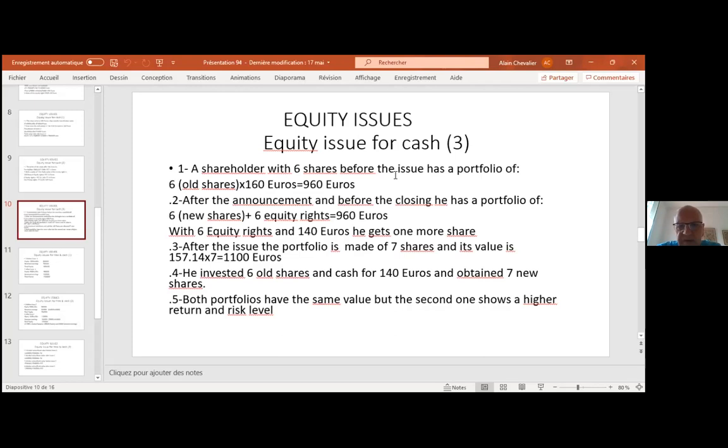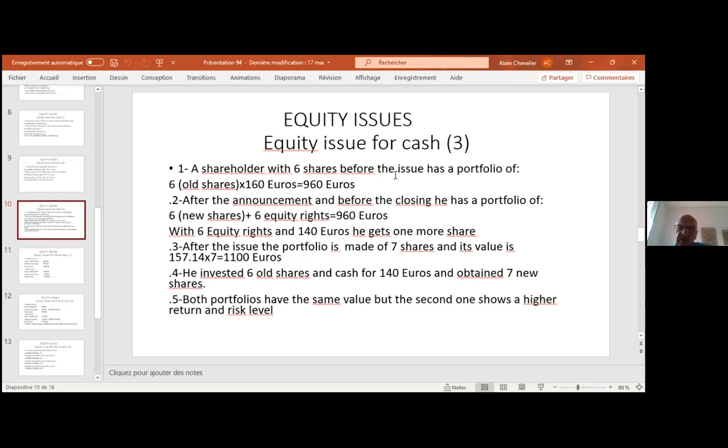If you compare both portfolios, at the beginning, before the announcement, he has 6 old shares for a price of 160 euros, which is 960 euros in shares, and of course 140 in cash.